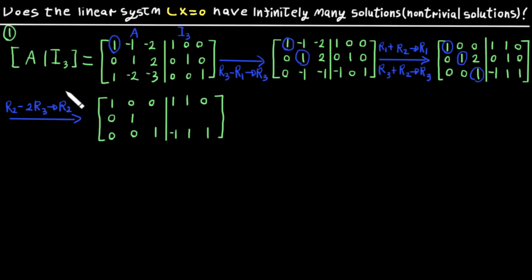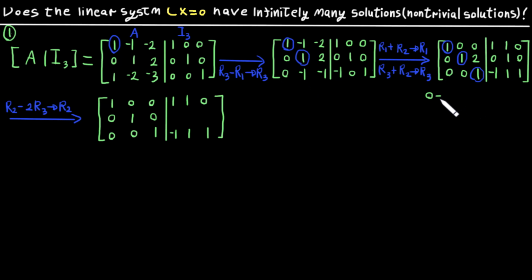2 minus 2 multiplied by 1. So 2 minus 2 multiplied by row 3, which is here 1. So 2 minus 2, the answer will be 0. So here I will write 0.